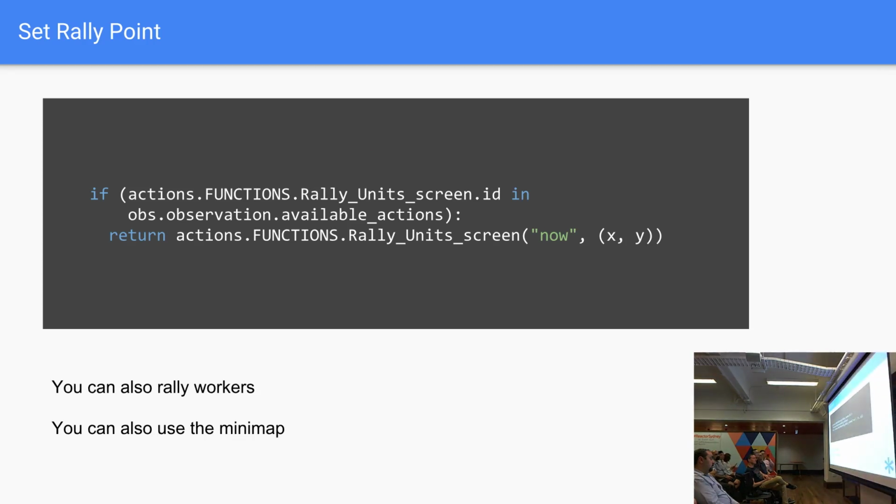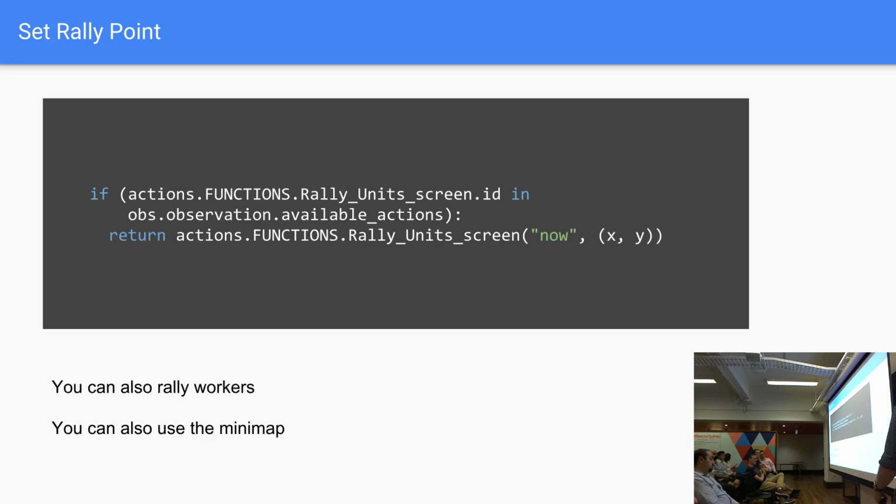Setting a rally point, just really to give you an example of another type of action. Once again, check if it's available, and in this case, give it the now. So you can give it a queued action, but I don't know why you would. It's just because it's a screen action, you have to give it now.